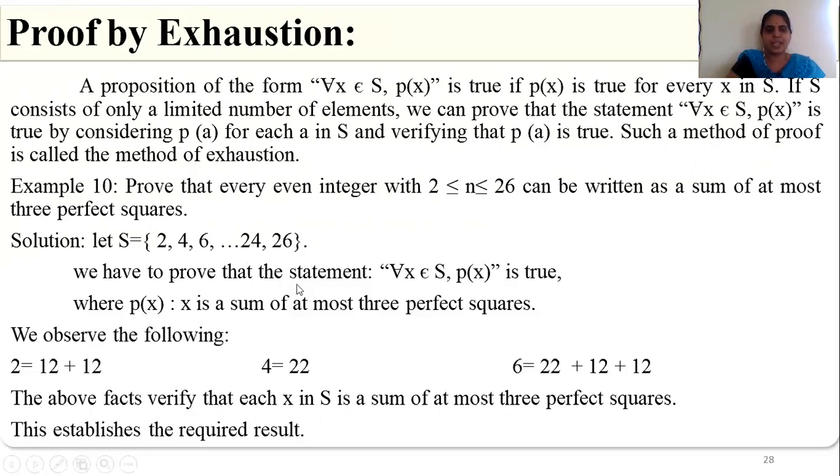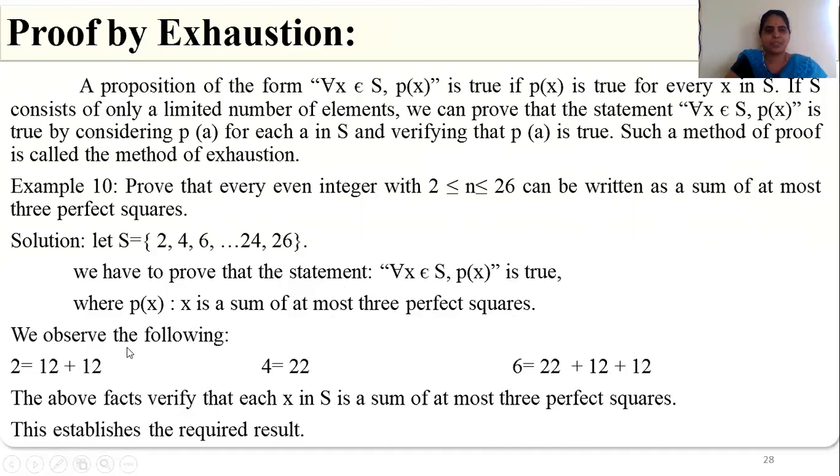We have to prove that the statement for all x belongs to S, P of x is true, where P of x is: x is a sum of at most 3 perfect squares.